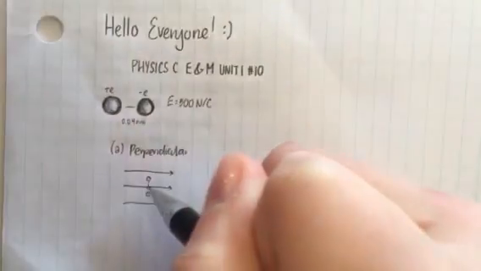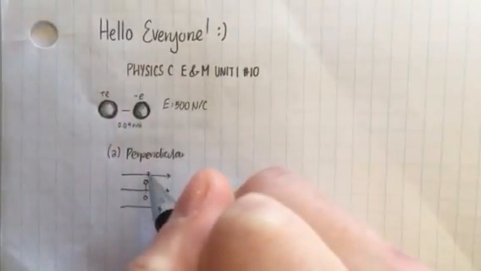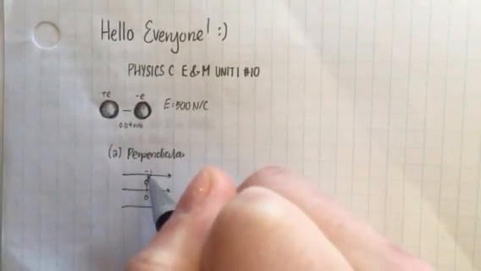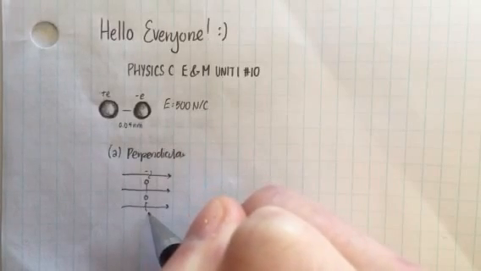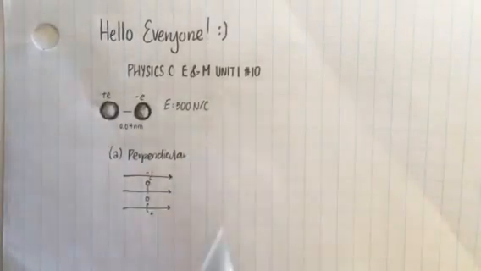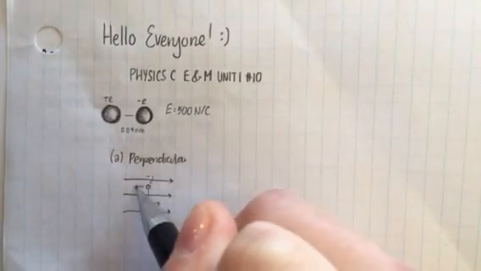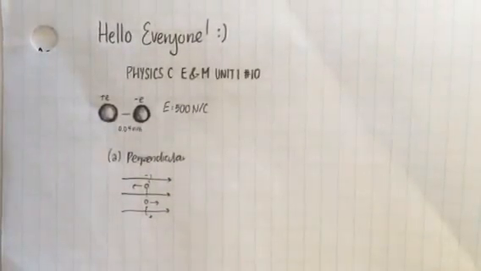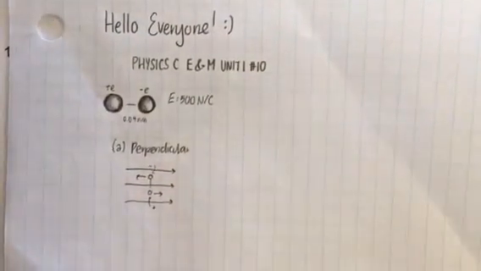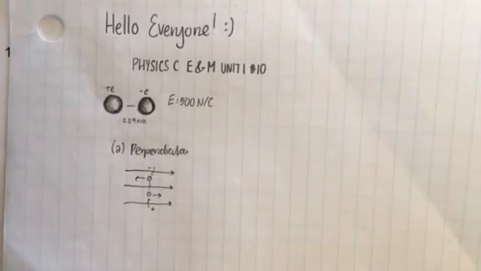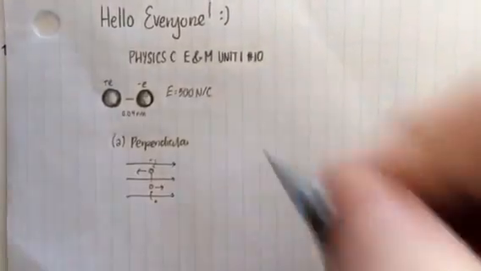And then for the net torque, if this is the negative charge and this is a positive charge, then the torque is going to be acting this way for that one and this way for that one. So we can see that the torque acts in opposite directions. The first thing we want to do is remember the formula for torque.